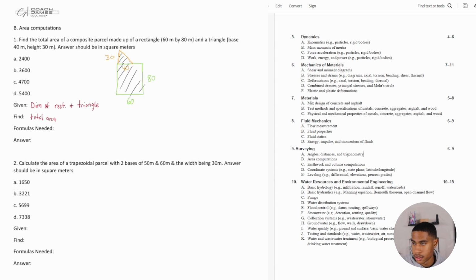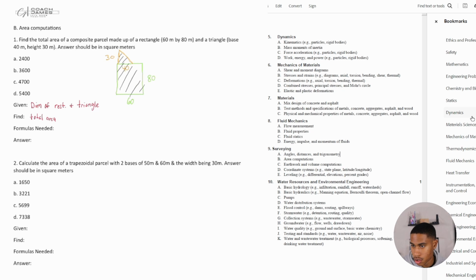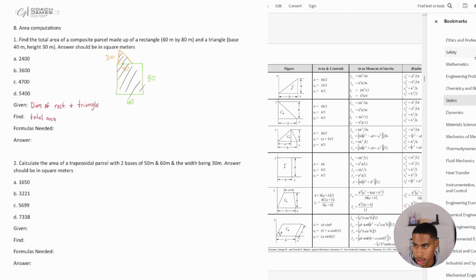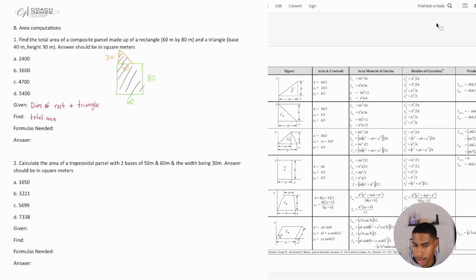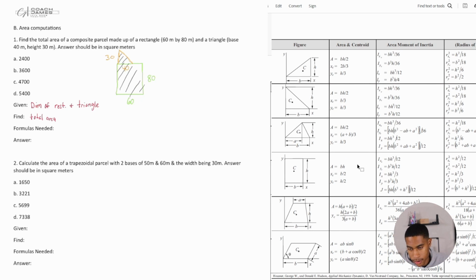If you ever forget these, I believe it might be in the statics section, they have a place where they give you how to find area of different shapes, area and centroid. All right, so we know for a rectangle, it's just base times height. We know for a triangle, it's one half times base times height, or base times height divided by 2. Okay.